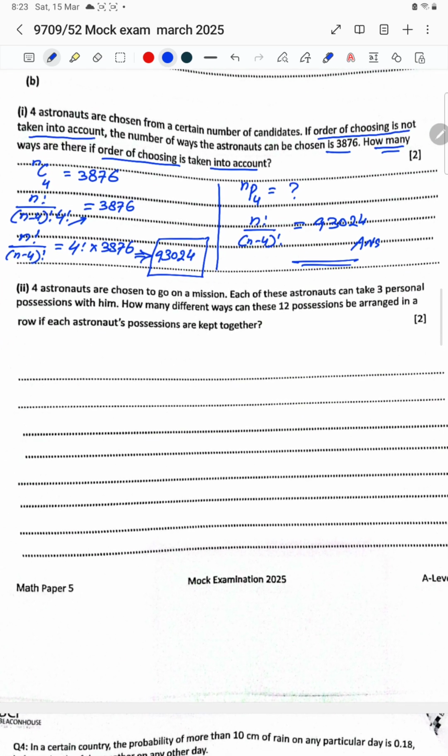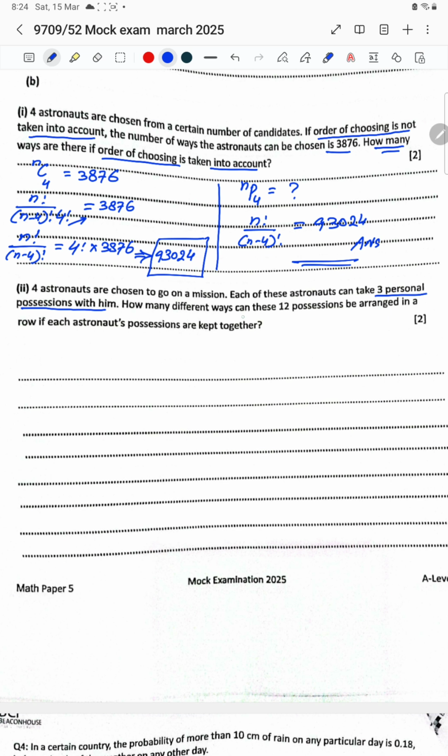Next one, the second part of this is a little interesting, and it says four astronauts are chosen to go on a mission. Each of these astronauts can take 3 personal possessions with him.